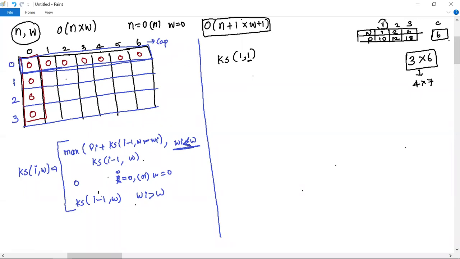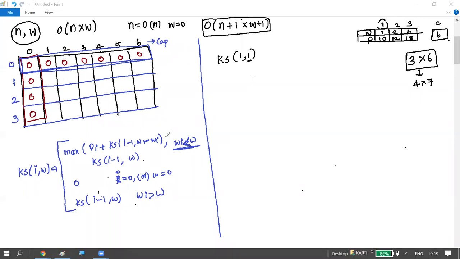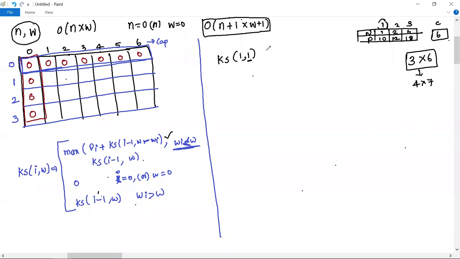What does it mean? I can include it. Which case do I need to consider? This case. This case is telling that you can take max of 10. As you included this object, the number of objects is reduced by 1, and you included one weight, so the capacity becomes 0. This is the first possibility.